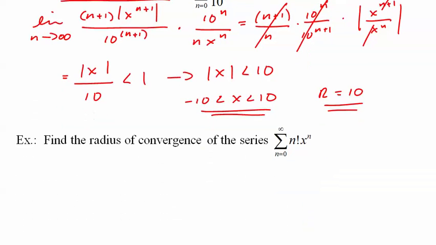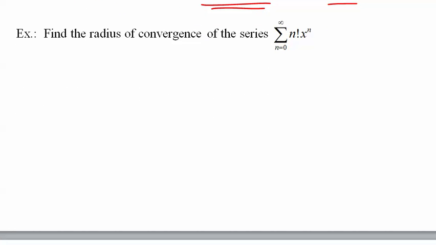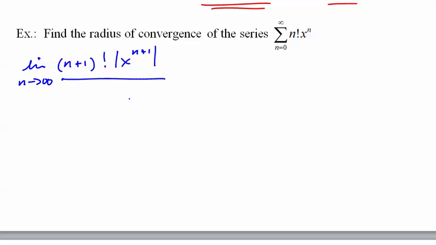Complex stuff. Rewind, watch again as needed. Radius of convergence of this series. The limit of the absolute value of (n plus 1) factorial x to the n plus 1, over n factorial x to the n. I forgot my limit. This one we can just straight divide. There's no fraction.